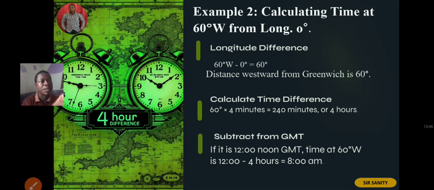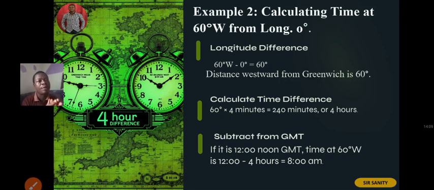Now the distance westward from Greenwich is 60. So you multiply your 60 by 4, or you divide the 60 degrees by 15. 60 divided by 15 will give you 4. Or 60 times 4 minutes will give you 240 minutes. 240 minutes divided by 60 will give you 4 hours.